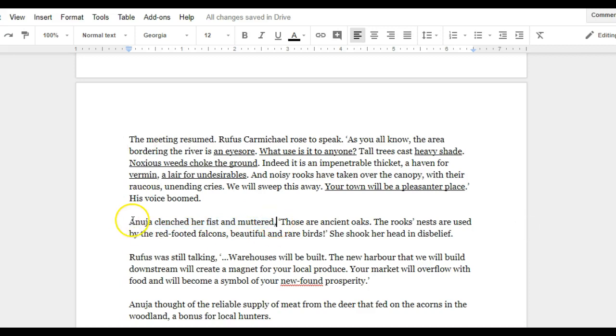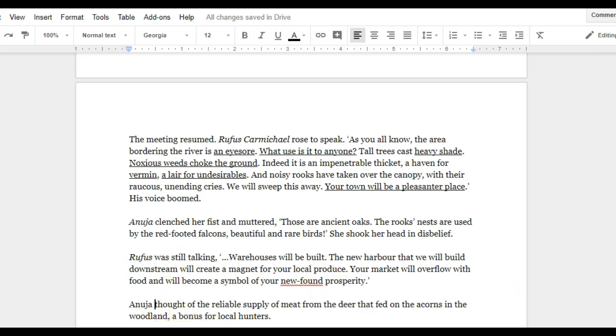And you can see also, she says much less, but her reasons are just as valid. Rufus was still talking. Can you see how he's switching? The writer here is switching from Rufus Carmichael to Anuja to Rufus Carmichael and back again. And you can track that. You can see what the writer's doing there at the beginning of each of those paragraphs.